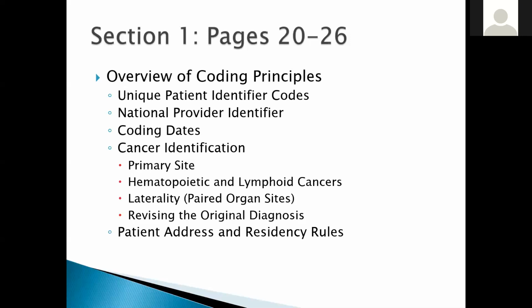Some of the information in the overview of coding principles is also included with the specific field information, but sometimes it is not. So you'll get to know when we do each section.